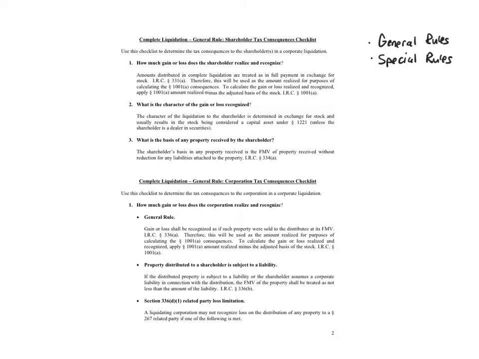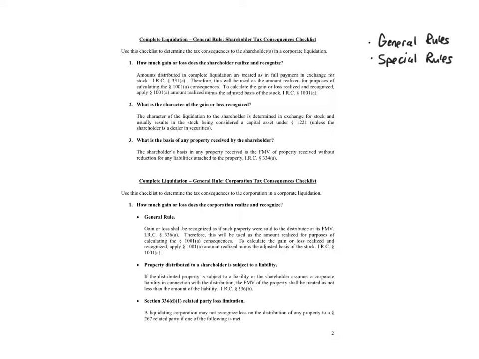So first, we're going to talk about the general rules. So think about what's going on here. Corporation is dissolving, liquidating. It's going away. It's got property. It's got assets. Assume, by the way, for this class that all the liabilities have been paid off, unless I tell you otherwise. Unless there's a liability and a problem that a shareholder is going to take on.